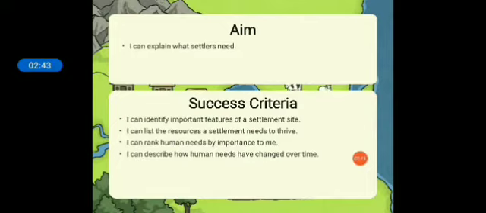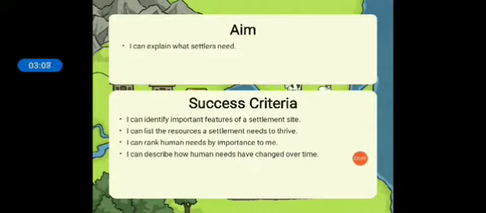The second thing you will be able to say you actually know or understand is that you can list the resources a settlement needs to thrive. Number three, you can rank human needs by importance.